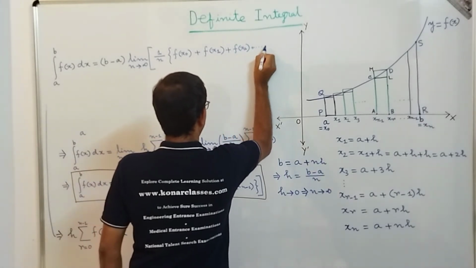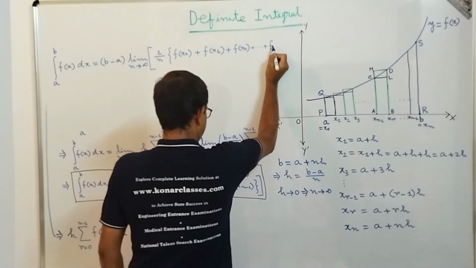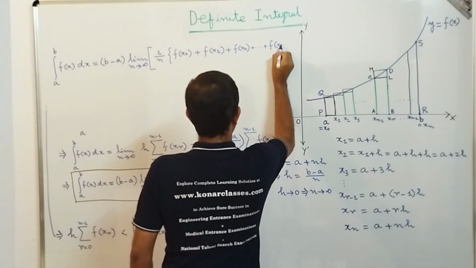In that way it will continue, plus f(x n minus 1).